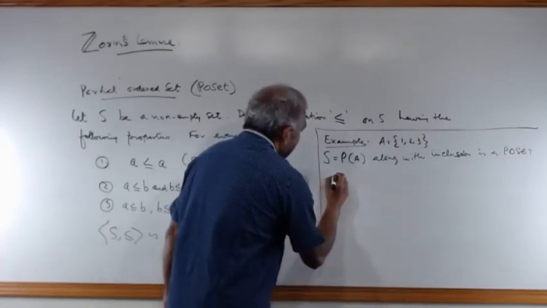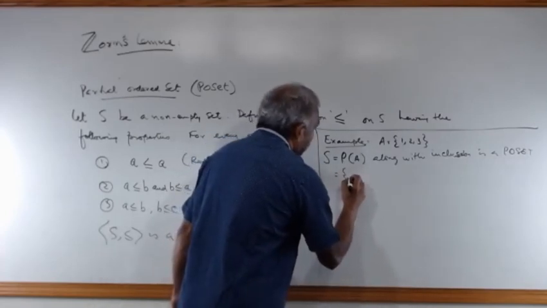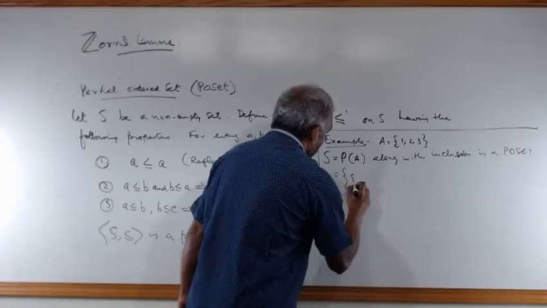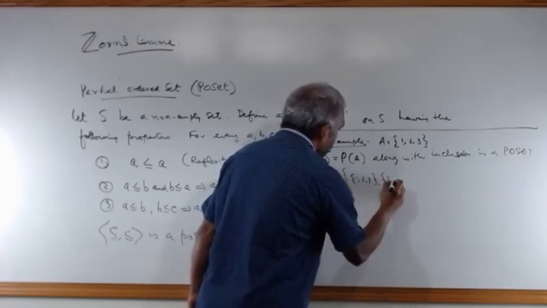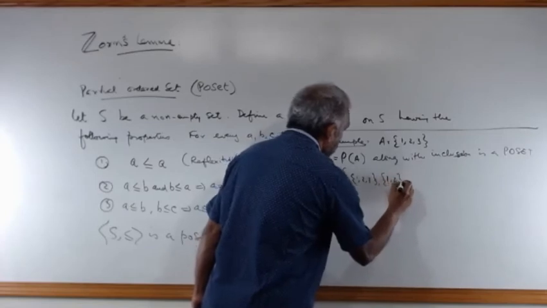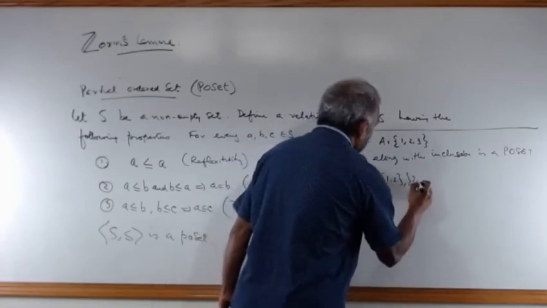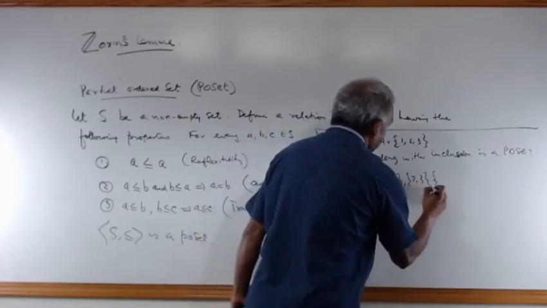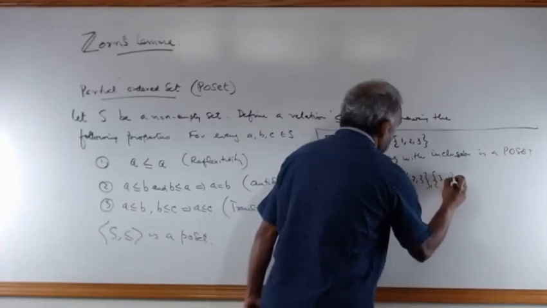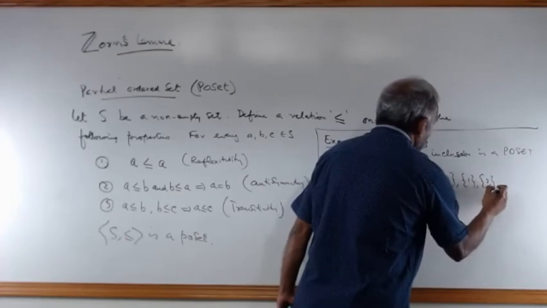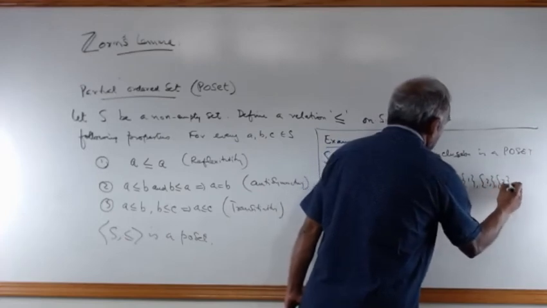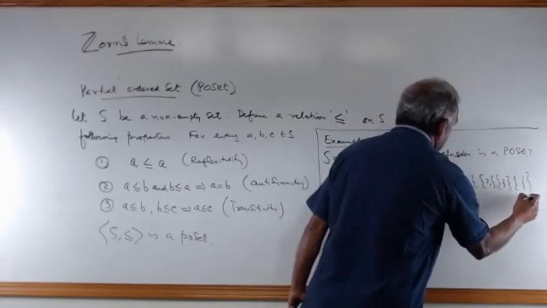Meaning S is going to be {1}, {2}, {3}, {1,2}, {2,3}, {3,1}, {1,2,3}, then the empty set.